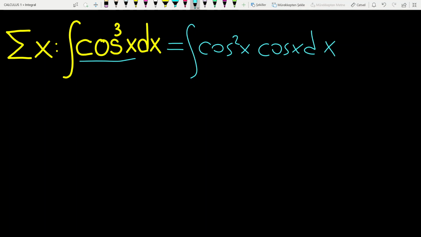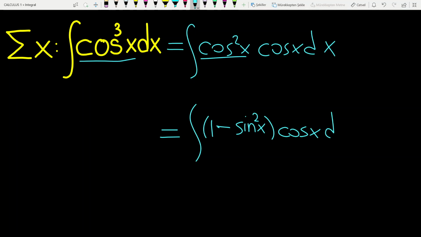This is equal to, instead of cosine square x, we have 1 minus sine square x, times cosine x dx. And we use substitution. We say that u is equal to sine x.